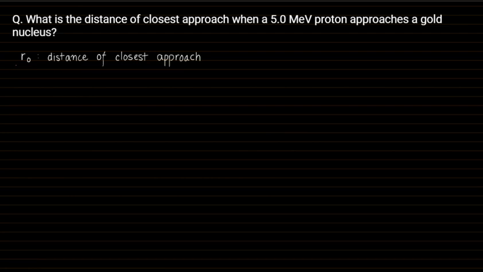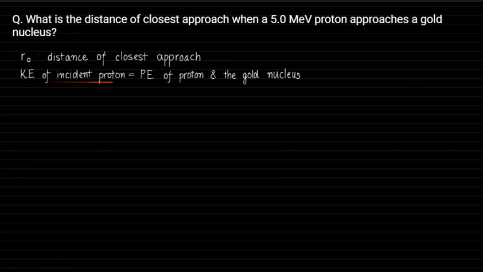So at r0 distance, what will happen? The kinetic energy of the incident proton will be equal to the potential energy between the proton and the gold nucleus.